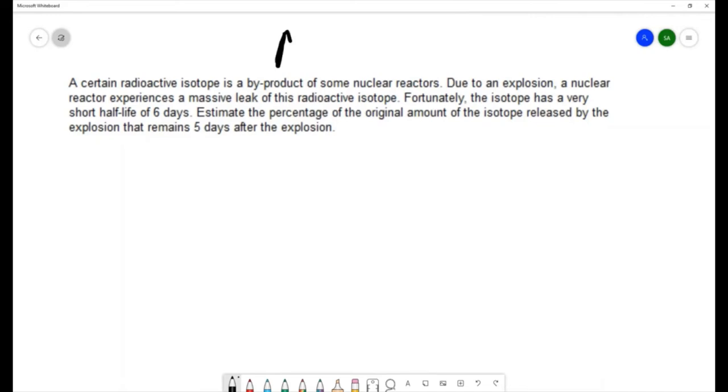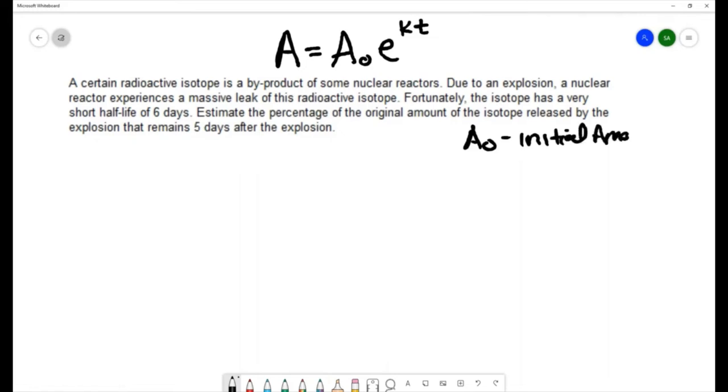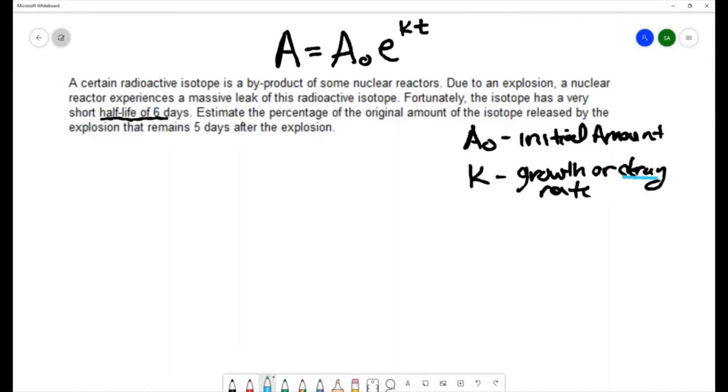We're following this model, A equals A naught e to the kt, where A naught is the initial amount, k is the growth or decay rate, and in this example, our radioactive isotope has a half-life of 6 days, meaning that it is decaying, and so our example will have a decay rate, and the value of k will end up being negative once we calculate it.